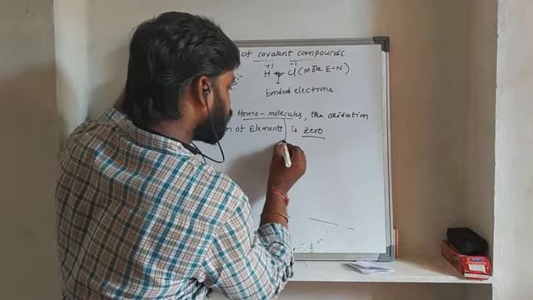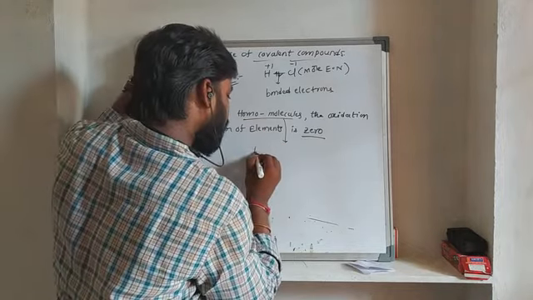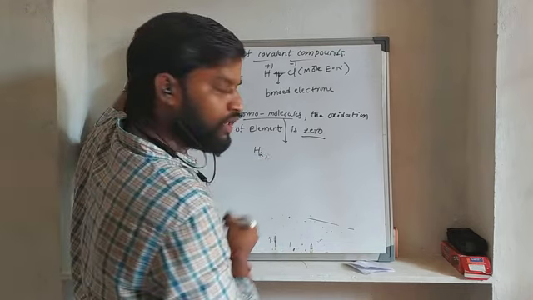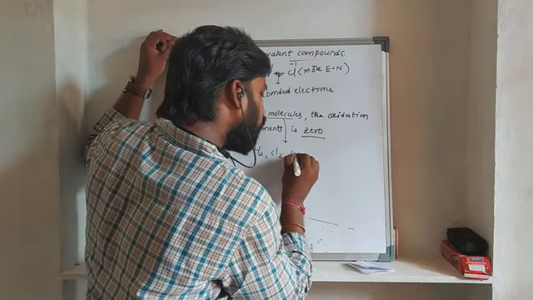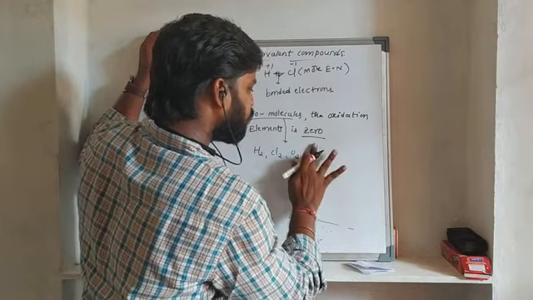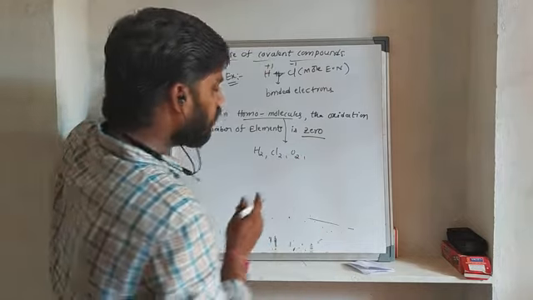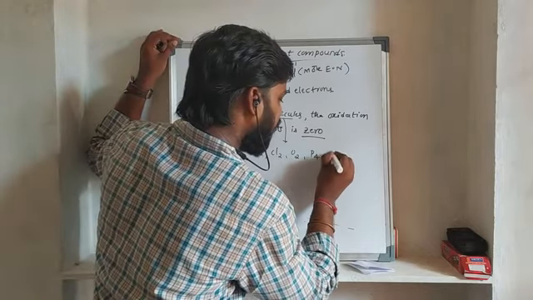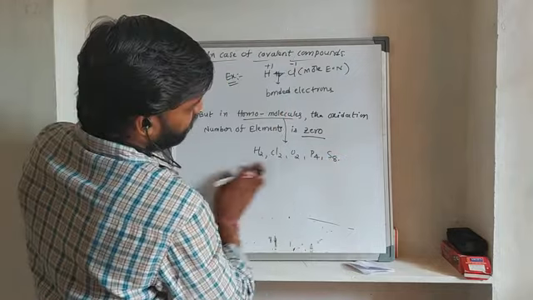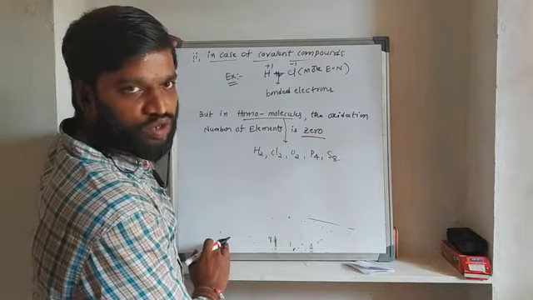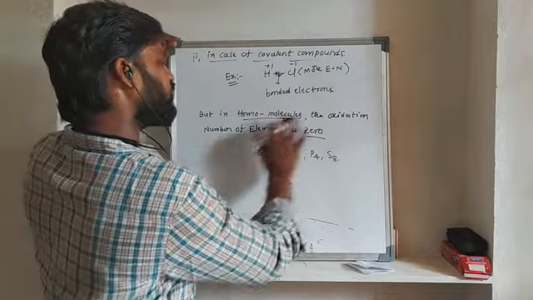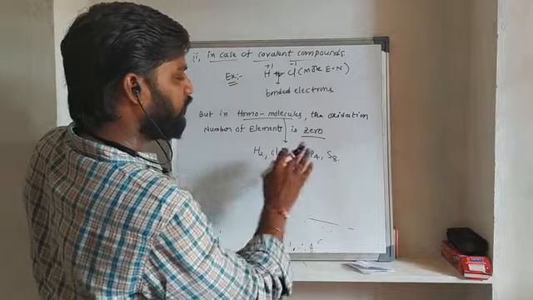Homomolecules means what? Homomolecules means H2, Cl2, O2, P4S8, like these. These molecules are called homomolecules. In homomolecules, the oxidation state or oxidation number of an element is 0.